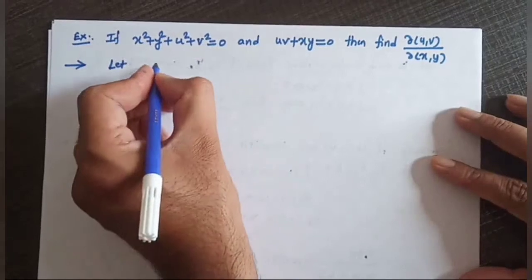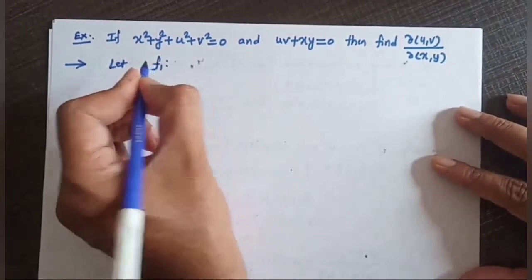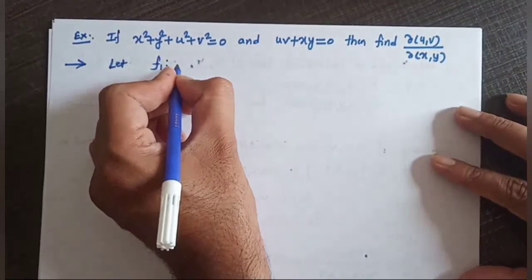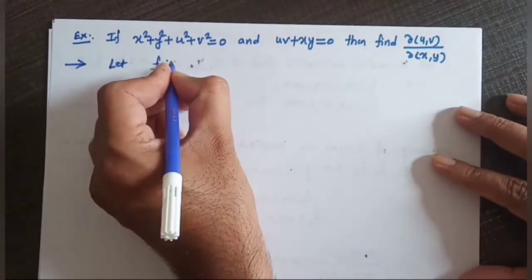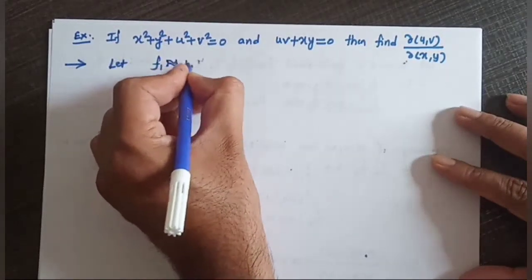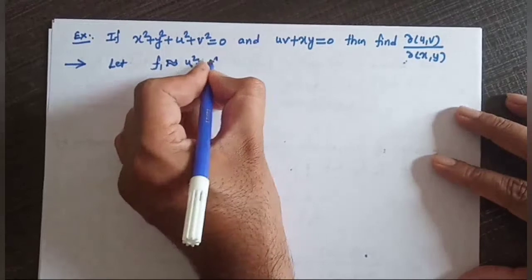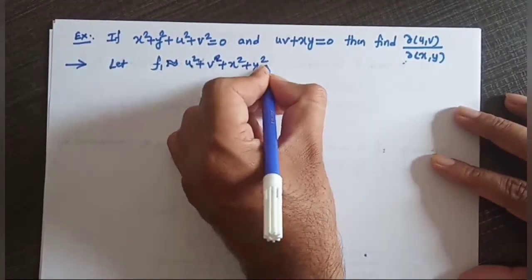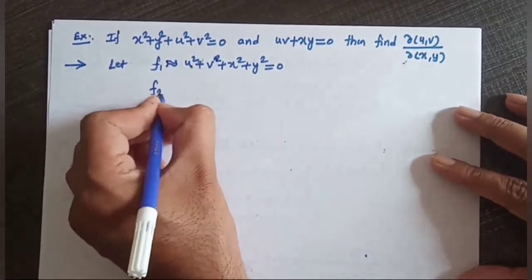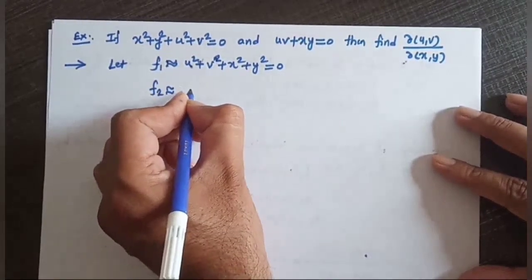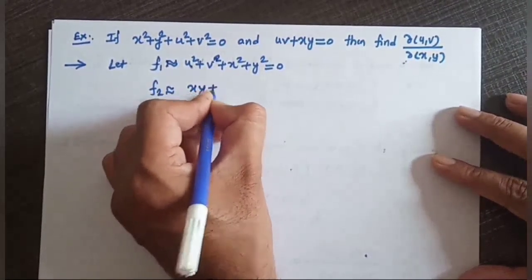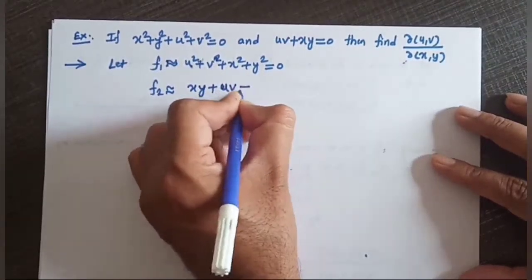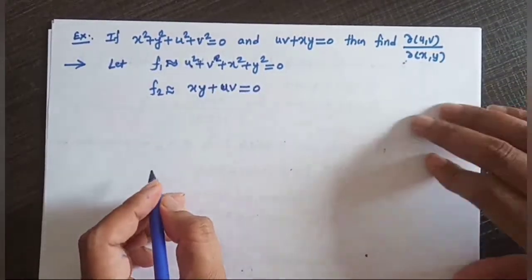So let's suppose f1 is the function u square plus v square plus x square plus y square equal to 0, and second function, suppose, xy plus uv is equal to 0.